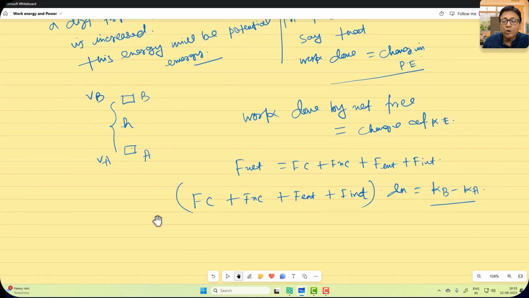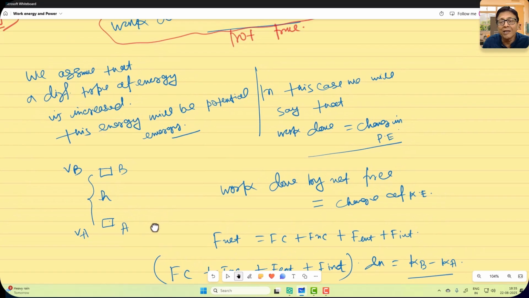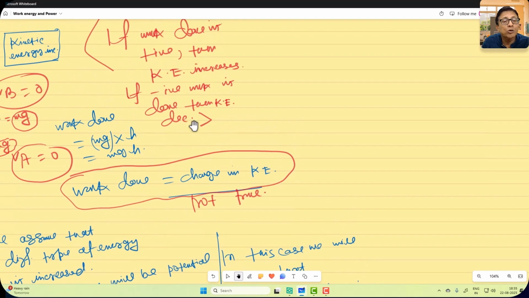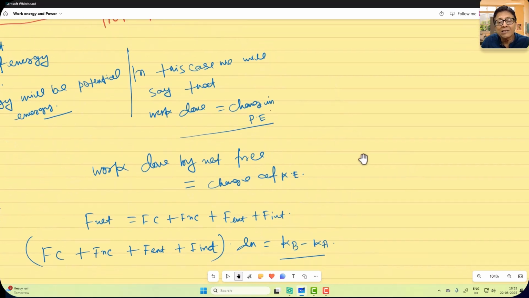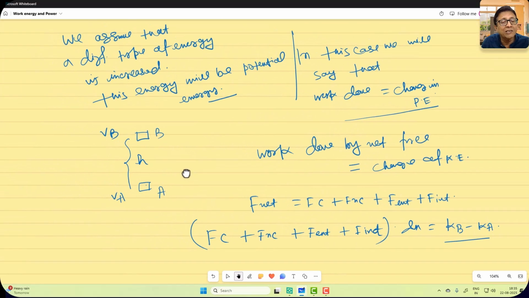Okay, so in that case, what is happening to the source of energy? By doing work, kinetic energy increases. In this case, let us write it for potential energy.